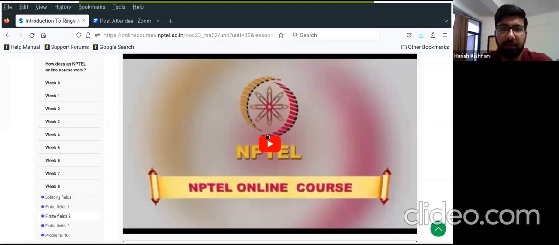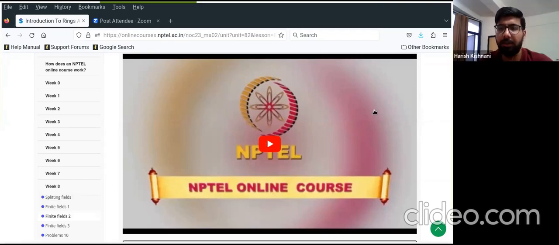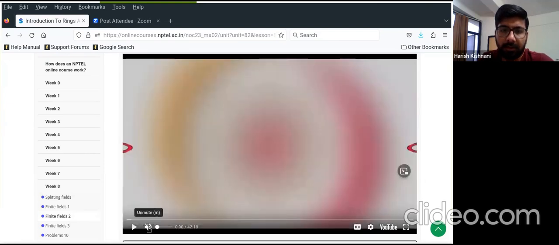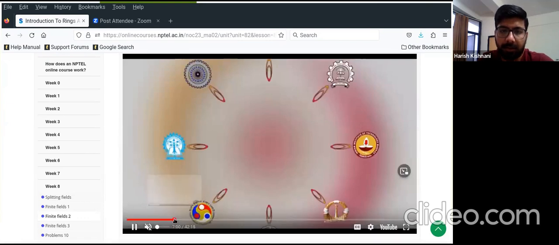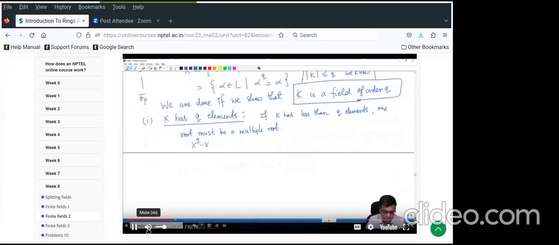Can you see the screen? Yes, I can see the screen. Okay, so let me just try to play it from here. It's probably not 12 minutes, I have to check where it is.